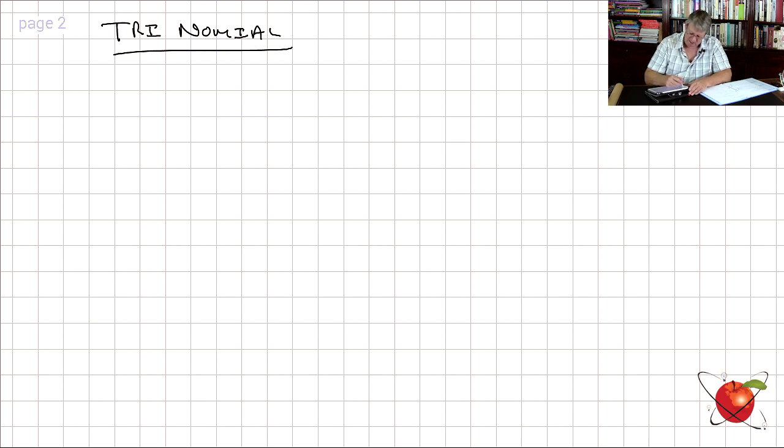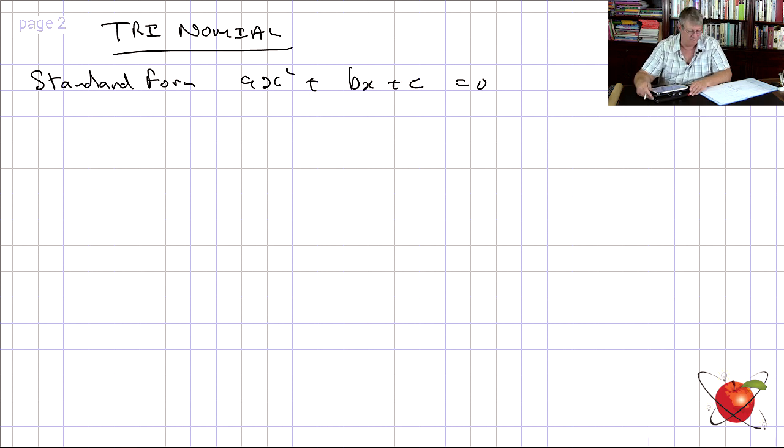Okay, it has got a standard form, and it is ax squared plus bx plus c equals 0, right? So, for example, let us say that we have x squared minus x minus 6 equals 0, all right?